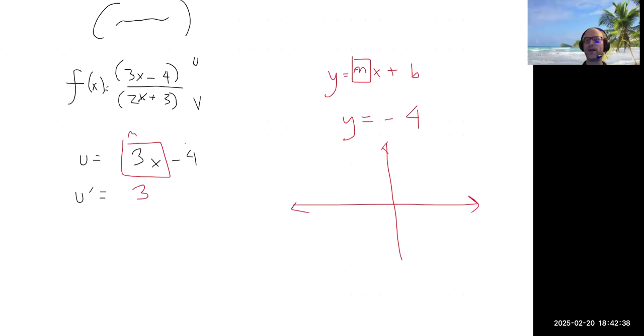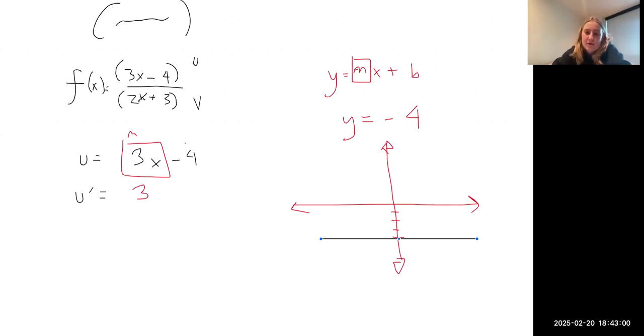Well, it would actually not be a downward slope. You're thinking downward because you see a negative there. We're going to go to negative 4 on the y-axis, and then it's just going to be a horizontal line that goes through negative 4, because y is always negative 4.